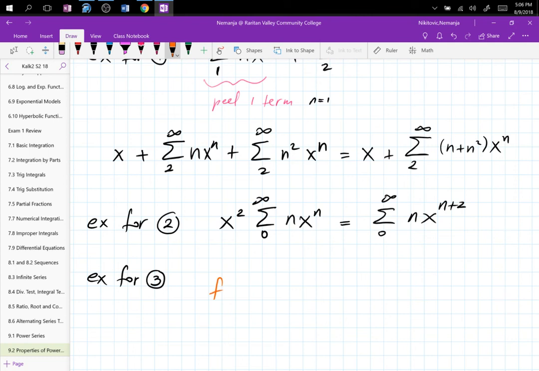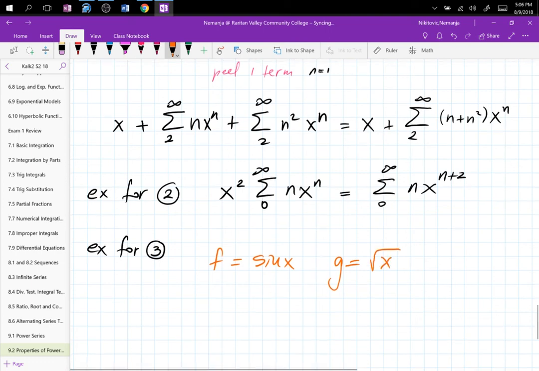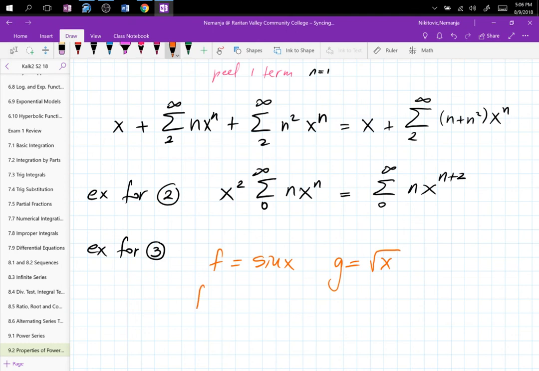You have f given as, let's say, sine x, and you have g given as square root of x. You compose f with g, so f composed with g: f is the main function, g gets plugged in, so that will be sine of square root of x. Or you can compose g with f, that will be square root of sine x.